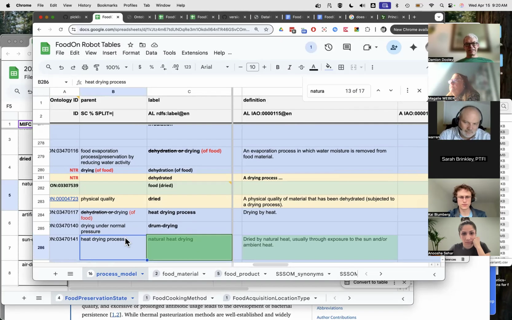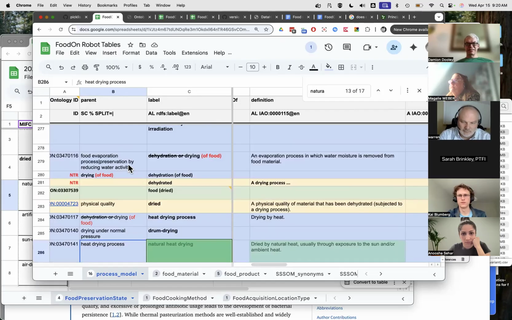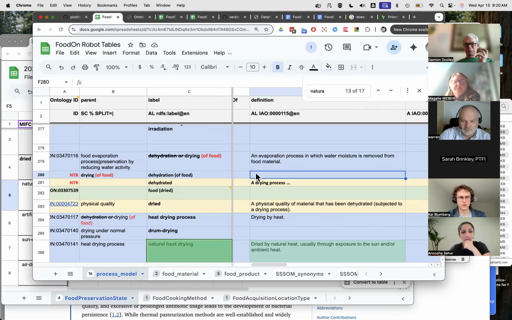Okay, so this raises one thing, and Magali, you commented on this before. FoodOn had this dehydration or drying, and I was trying to figure that out this morning, how to separate that out. I agree that FoodOn should have a separate term for dehydration, and that leaves the definition a little bit to craft.